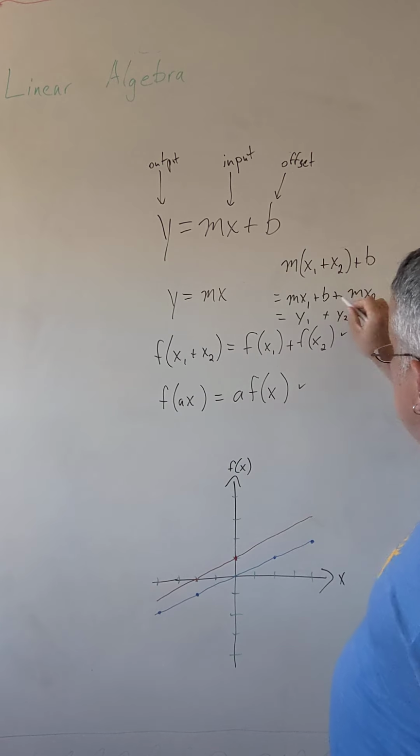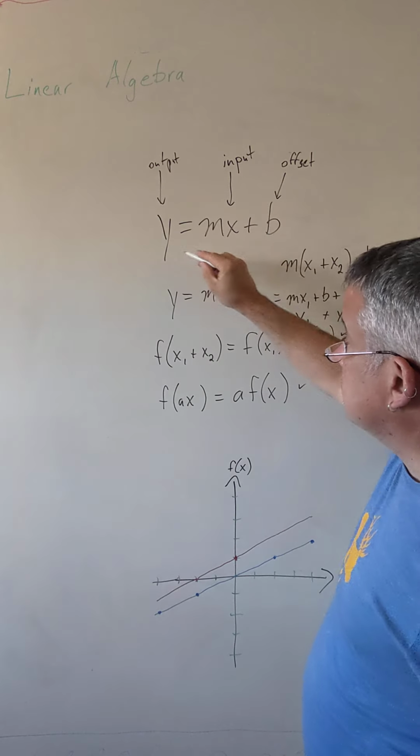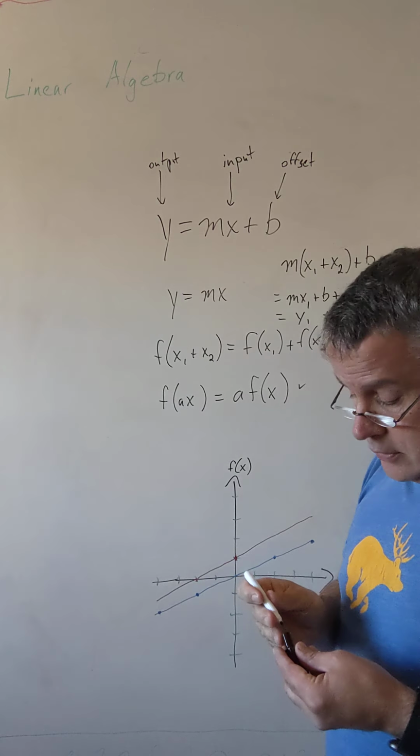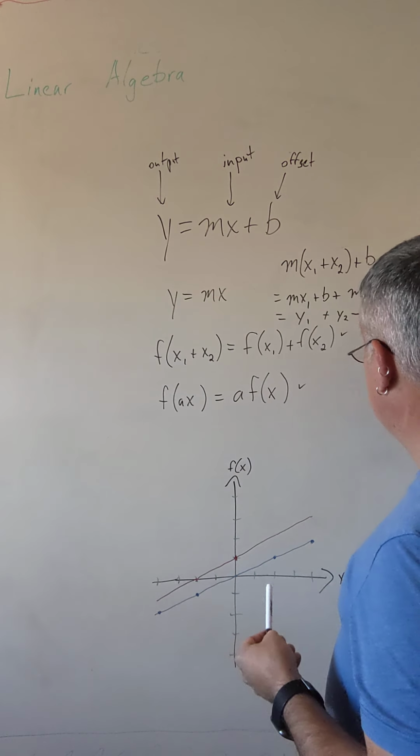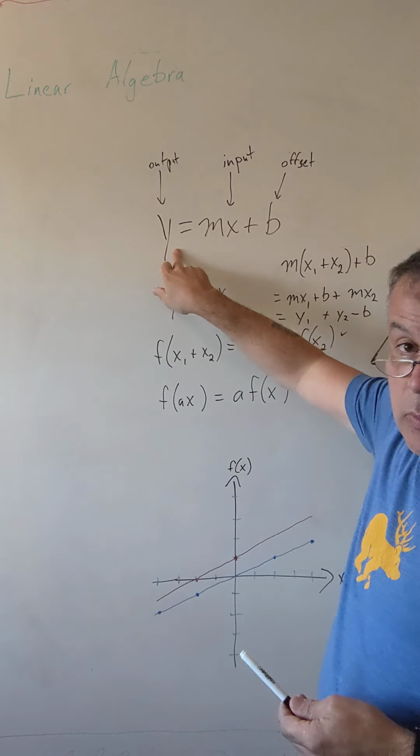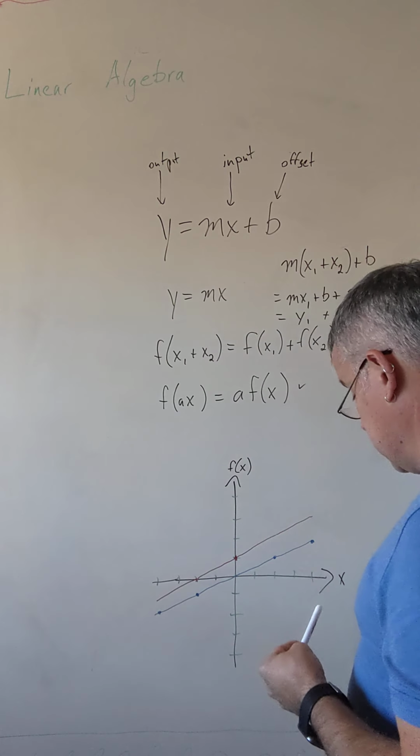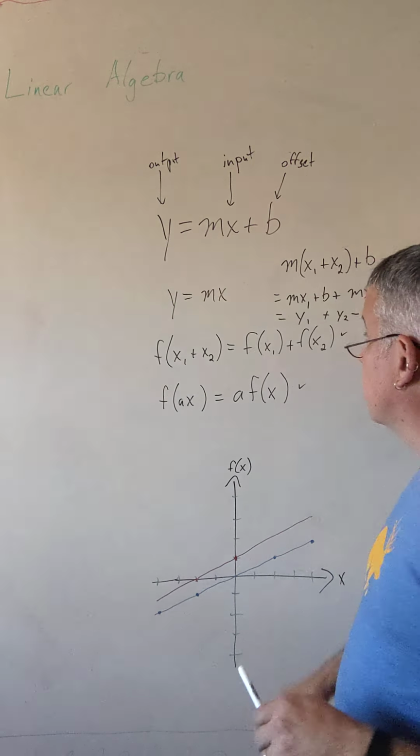There's a missing b for the second one. So this function is actually not a linear function. It's what is called an affine relationship between x and y rather than a linear relationship between x and y. Let's look at how that looks graphically.